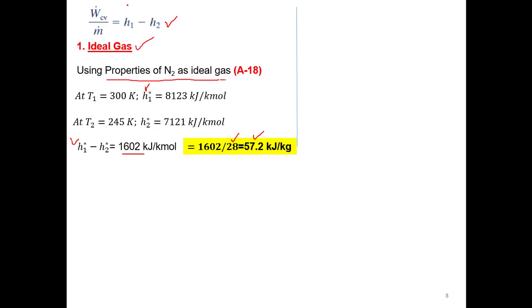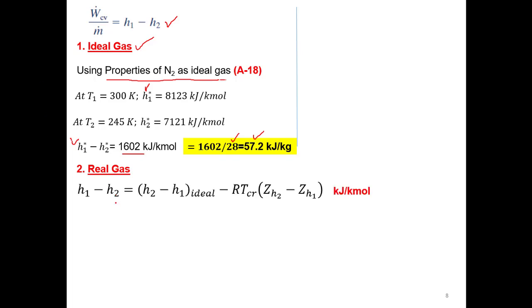Now in part B, it says calculate the same work output using real gas behavior of the nitrogen. So if we consider real gas behavior, then the change in enthalpy between the two states is equal to the difference of enthalpy as an ideal gas minus this term. This term is known as enthalpy departure.